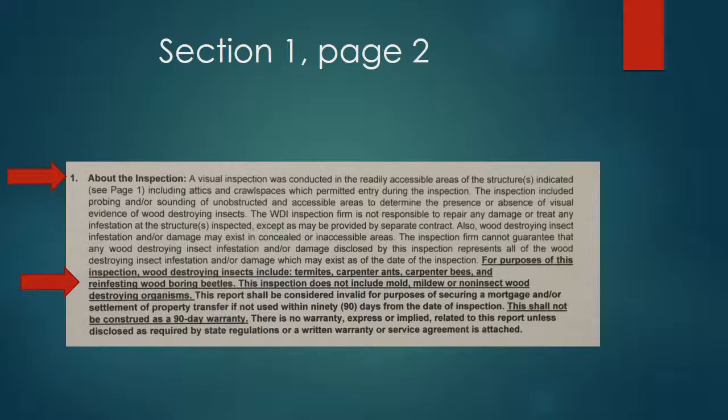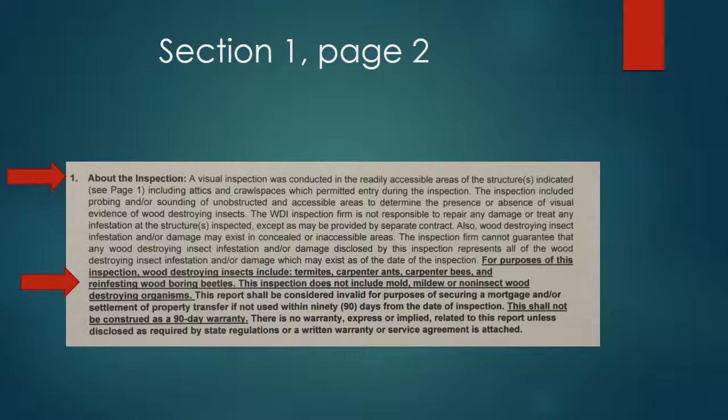Come to find out later, there was some hidden damage in the garage that I never could have seen because it was behind the drywall. So just keep in mind, this is saying that obviously we found some activity. There may be more activity we can't see, especially if you've got active termites in a house. We really truly don't know what all the areas are that they're infesting without doing some probing or digging into the walls.